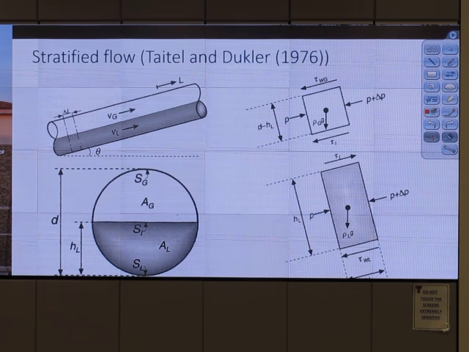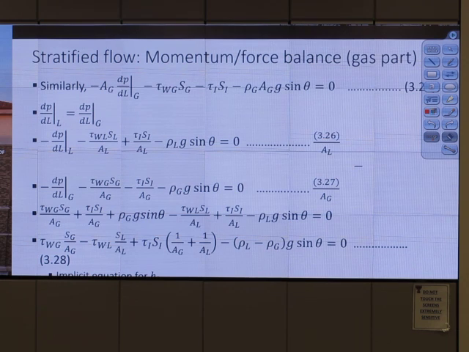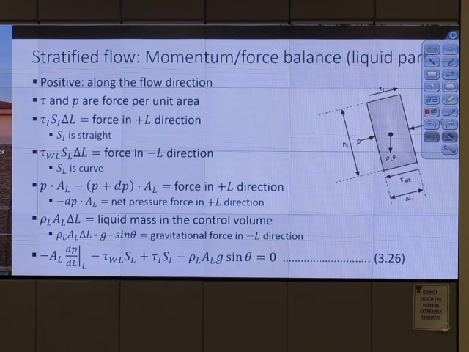I just tell you that force, pressure or shear stress multiplied by area is force. Force to the right direction is positive, force to the left direction is negative. Add them together, equal to zero. Do it for gas, do it for liquid, subtract them. Just that.